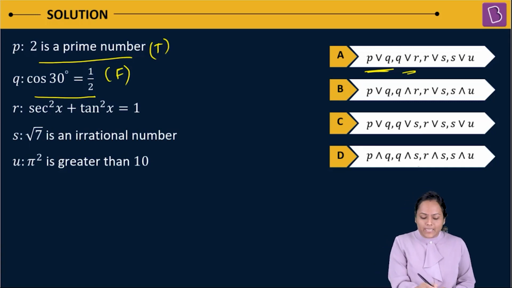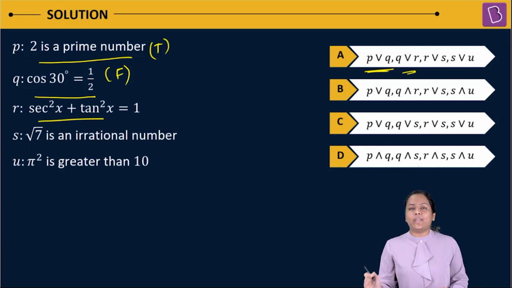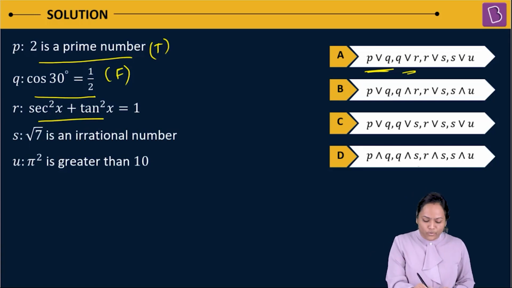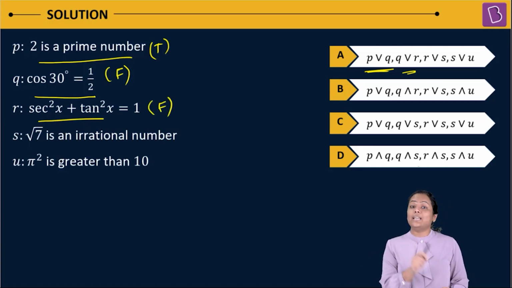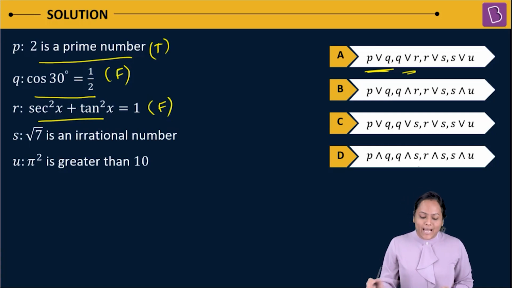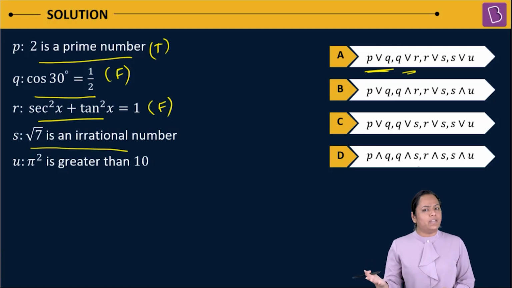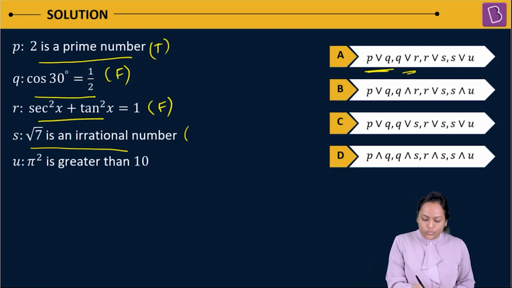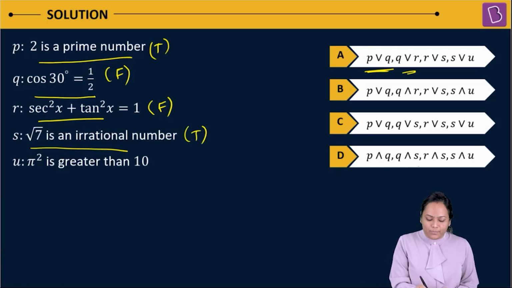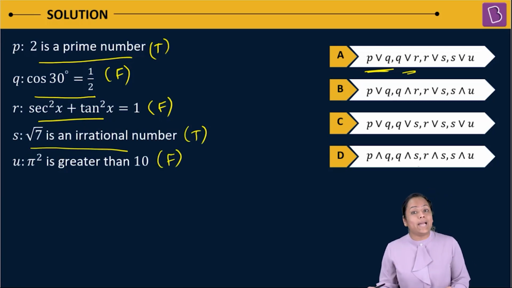Coming to the R, it's saying sec square x plus tan square x is 1, which is again false because it's minus in between, which will make the value equal to 1. And then we have root 7 is an irrational number, which will be definitely true. Pi square is greater than 10 will become false, right? Perfect. So these are the truth values available with us.